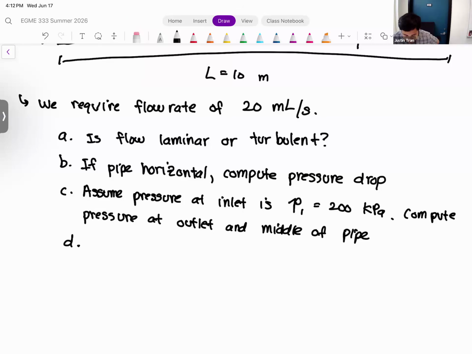All right, and then finally in part D, let's assume finally that our pipe is inclined, okay? And it's inclined and the flow is going downhill.